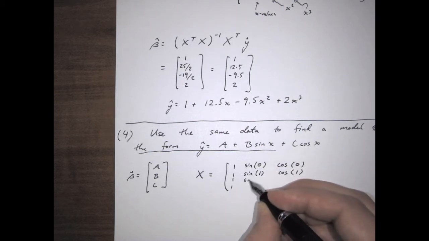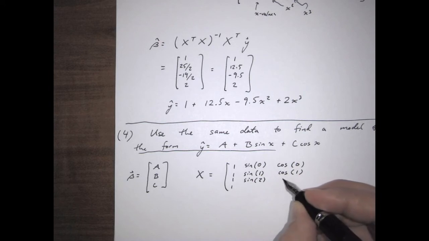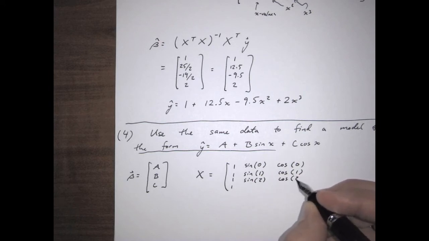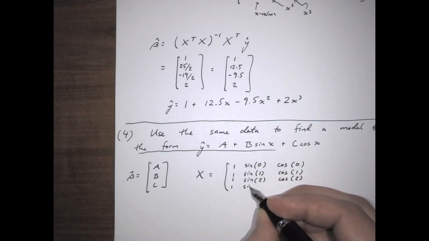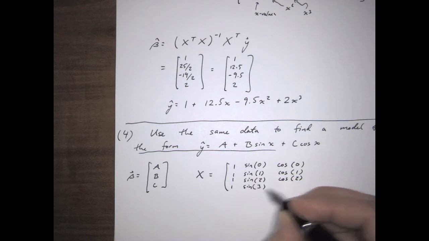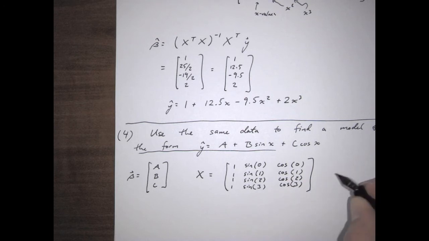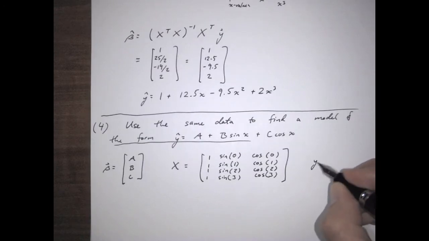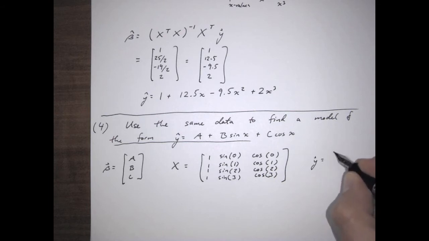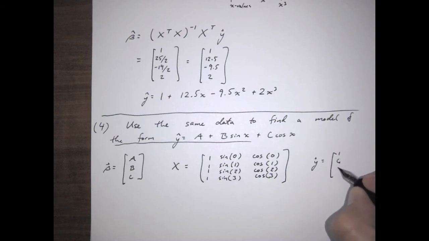Here we'll have the sine of 2 and the cosine of 2. Sine 3, cosine 3. And those will just be whatever they're going to equal. And then y will be, of course, the 1, 6, 4, and 7.